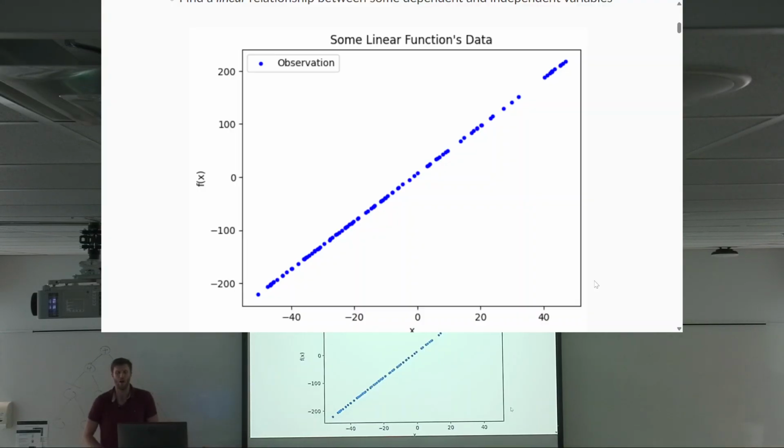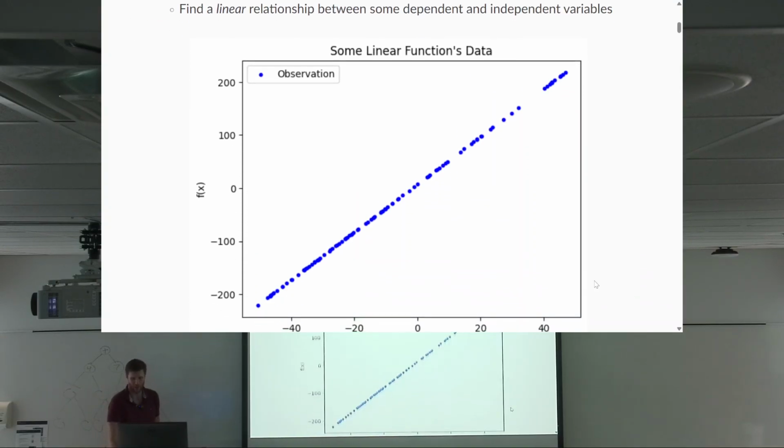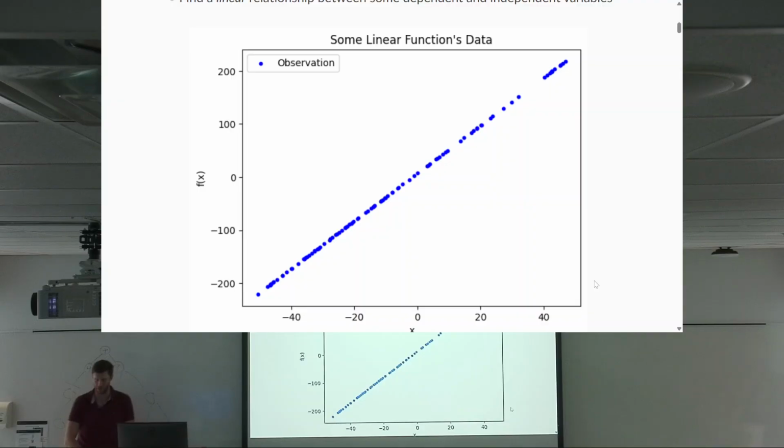And it turns out there's some relatively simple mathematics to find the best one. Like you were guaranteed to find it. We're not going to cover that here. That's not the point. So here's some linear function. When I say linear, I mean that there is clearly a linear relationship here. I can draw a straight line. Okay?